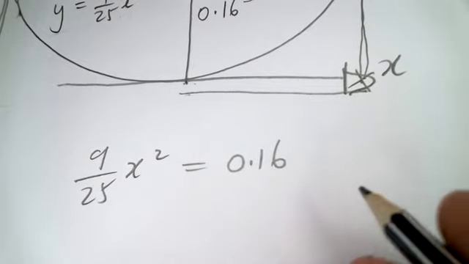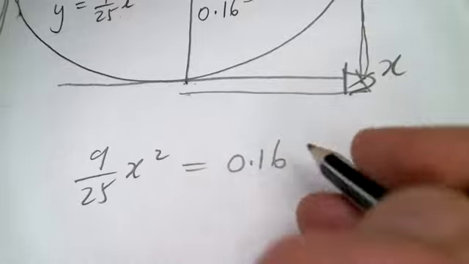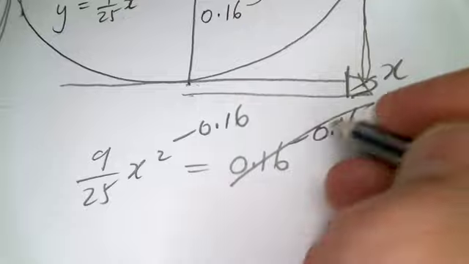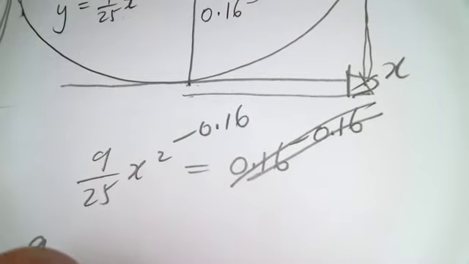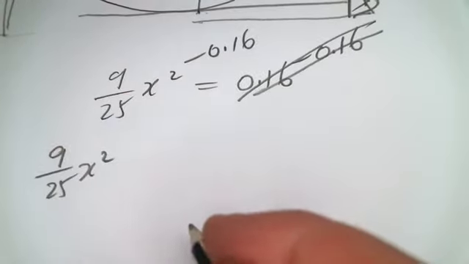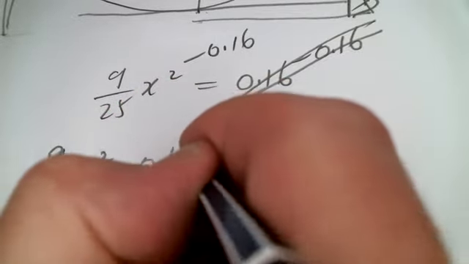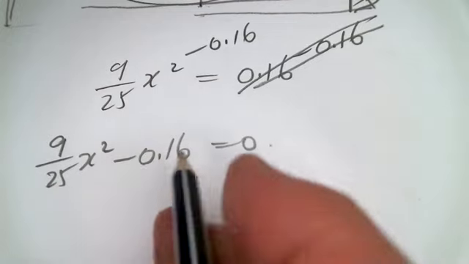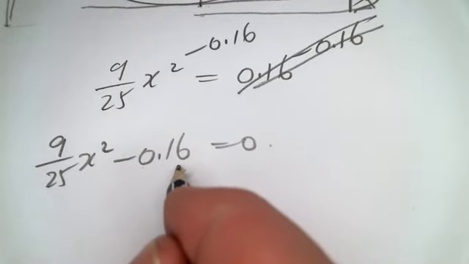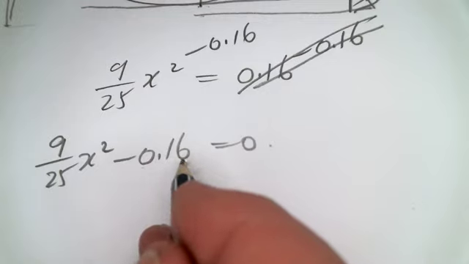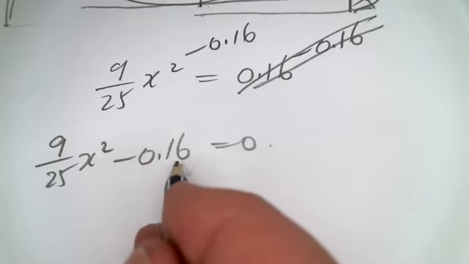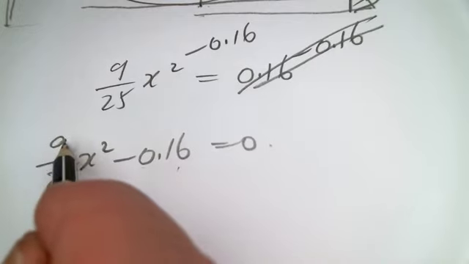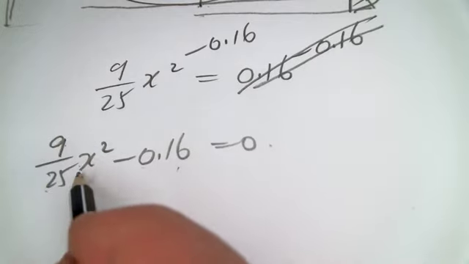If I subtract 0.16 from both sides, I've got 9/25 x squared minus 0.16 equals 0. I've got the difference of two squares, because this is 0.4 squared, since 0.4 times 0.4 is 0.16, and 9/25 x squared is also a square: 9 is 3 squared, 25 is 5 squared, and x squared is x squared.